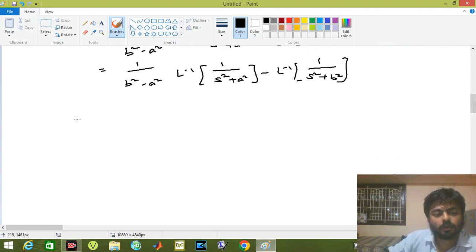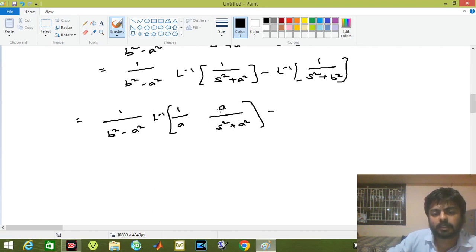Okay, so you can have 1 by (b square minus a square) of 1 by a into a divided by (a square plus a square), because this is the structure that we require to write it in the formula of sin at. So this is minus L inverse of 1 by b into b divided by (a square plus b square).